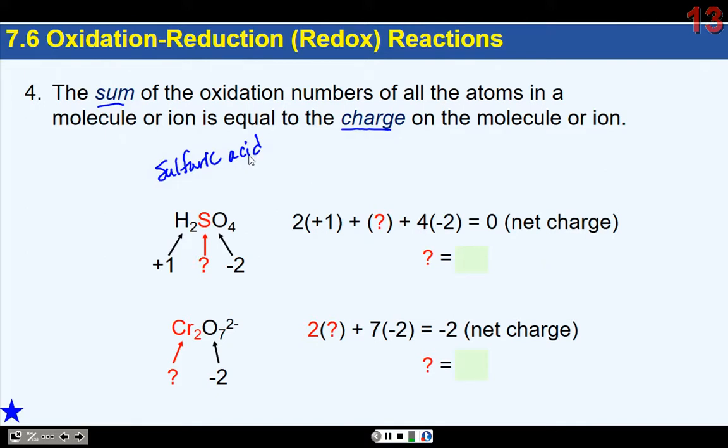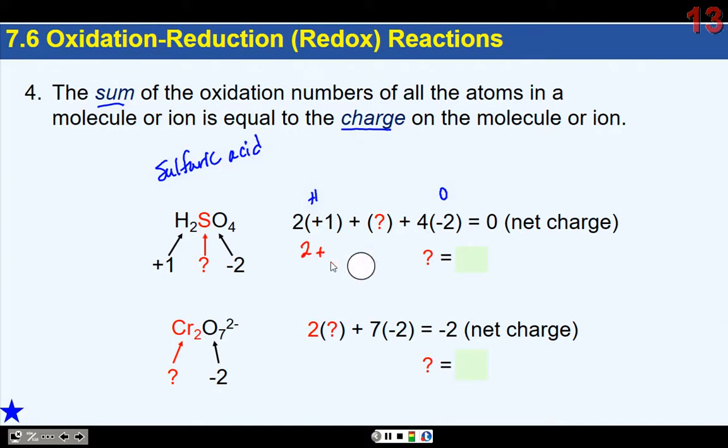So 2 hydrogens, they're going to be a charge of, or oxidation number, +1. Assume they are. It's a good assumption. It works. And the oxygens, there's 4 of them, and they're each -2. And so we have to figure out what the sulfur is, because the whole compound needs to add up to 0 with all the oxidation numbers. So if you pay attention to the math, we have 2 plus something plus, oh, that would be -8 then, wouldn't it?